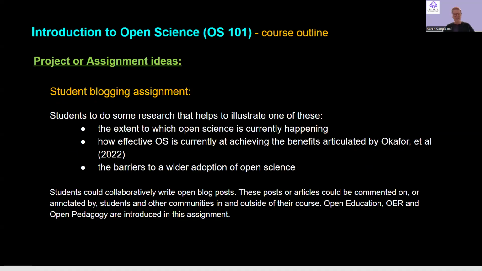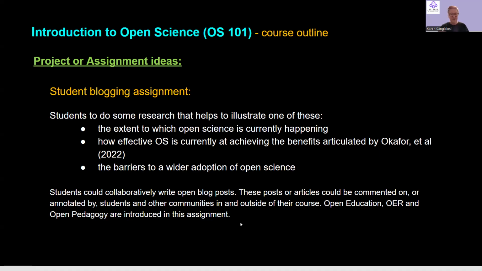Students could also do a possible blogging assignment, or create something so that they can put it out there openly themselves. Students could do some research that helps to illustrate the extent to which open science is currently happening or not, how effective open science is at achieving the benefits, and what barriers they come across for wider adoption of open science.